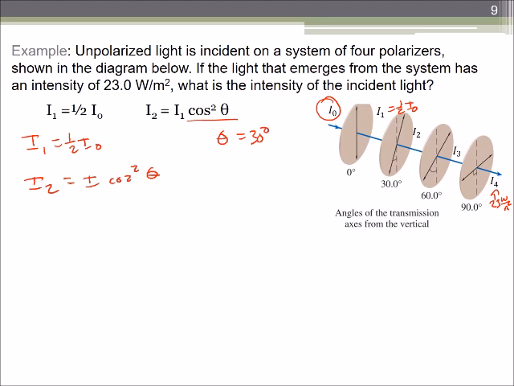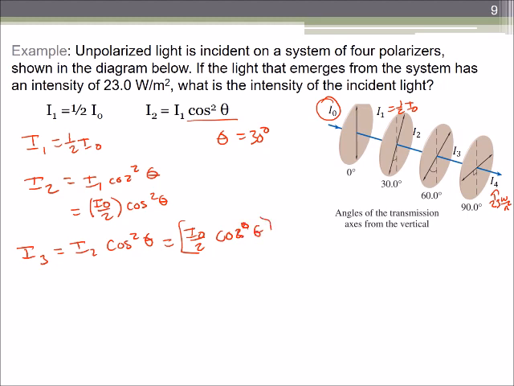So this is I1, and I can substitute in I1 there: I0 over 2 times the cosine squared of theta. Then I3 is I2 times the cosine squared of theta. And I can substitute in what I2 is, so I get I0 over 2 times the cosine squared of theta times cosine squared of theta.